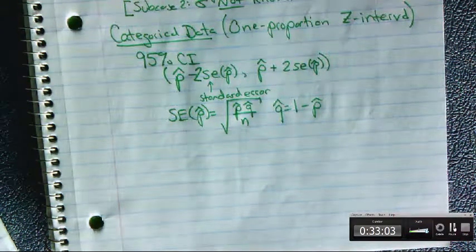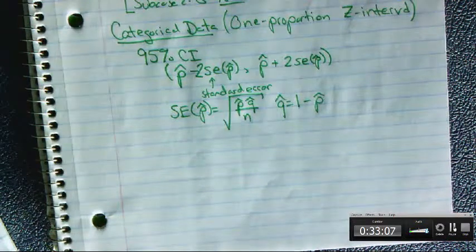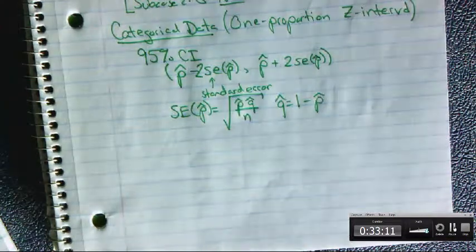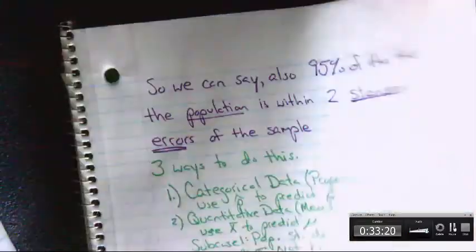Now, the reason we have to have this new formula is because we don't know p. And if you don't know the population, we can't use it to calculate standard deviation. Does everyone have this written down? Okay. Let's go to the next page.